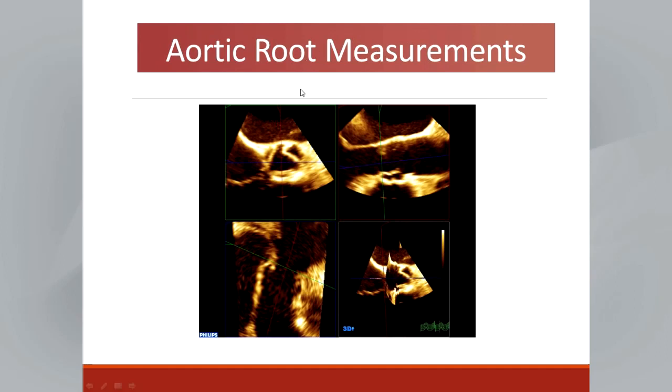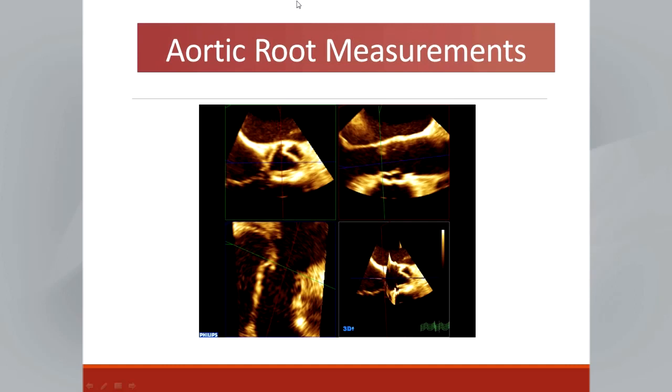This is also something that has now been very nicely shown. This is of course an MPR obtained from a 3D echo. We know that the aortic annulus can be measured from the parasternal long axis position in a transthoracic echo, or from an apical long axis in a 3D echo, usually between 90 and 120 degrees.